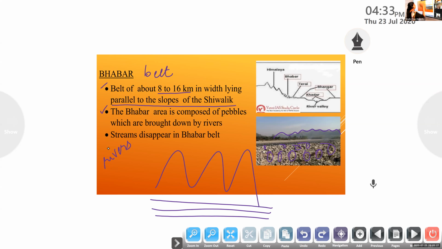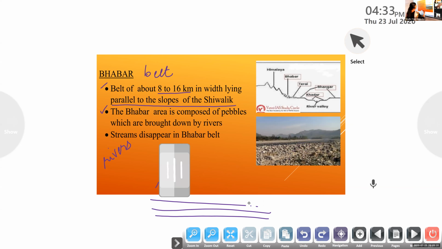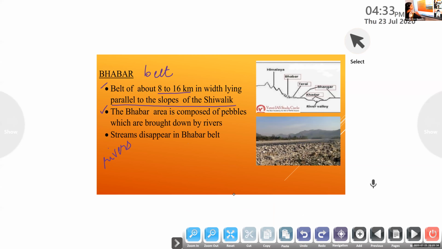Rivers disappear means, as I told you in the beginning, can you see rivers over there? You said you cannot see any river, but you can see a wet part. The river is flowing this way, but we cannot see it because of the pebbles.